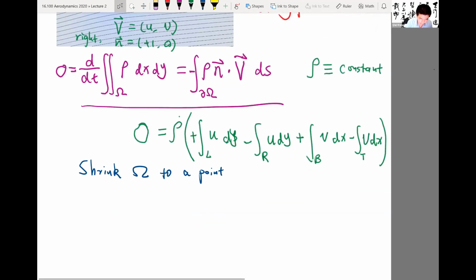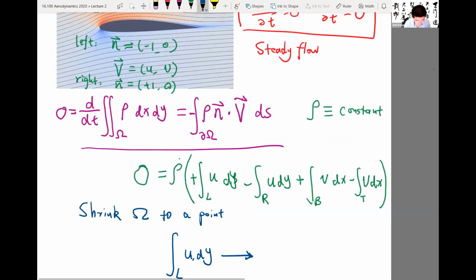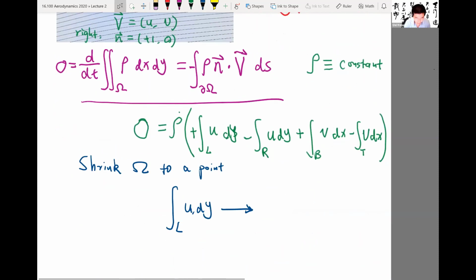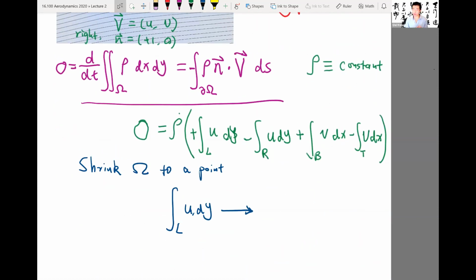what happens is that my integral over the left side of u times dy is going to become, essentially, u more and more uniform over this smaller and smaller length, right?